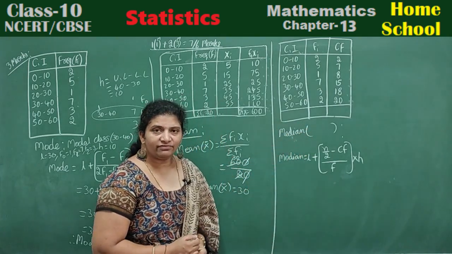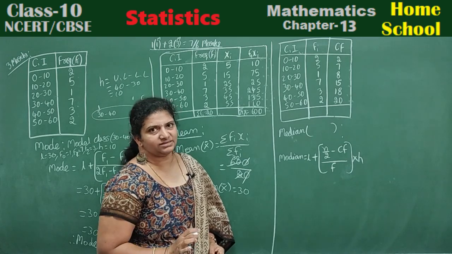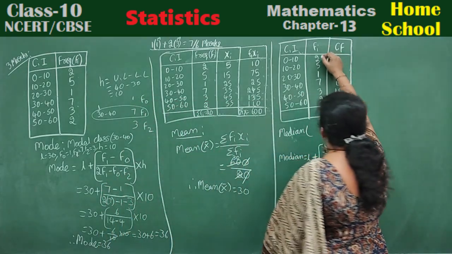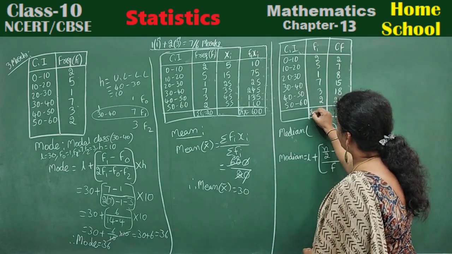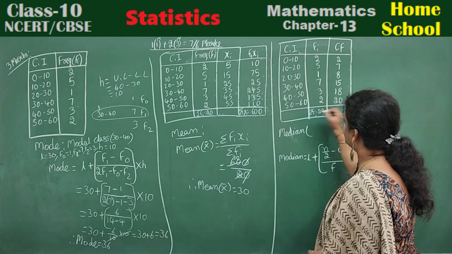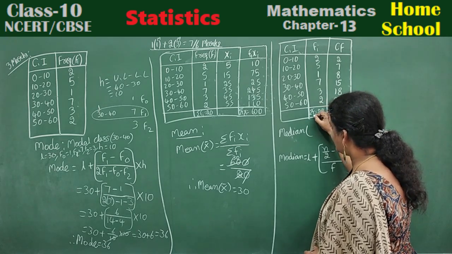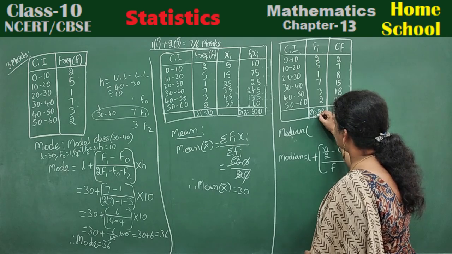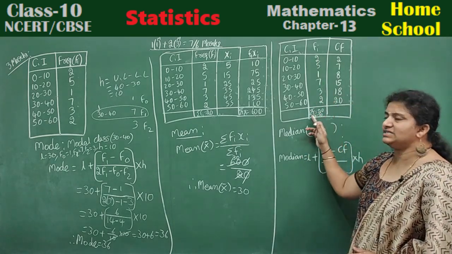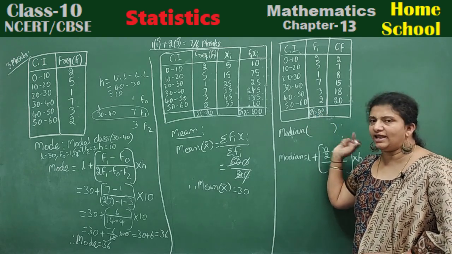We need to first identify the median class. How can we get the median class? First add the frequencies. Summation f is equal to 20, which we got here. I can say this summation fi is n also, the total sum of the frequencies.